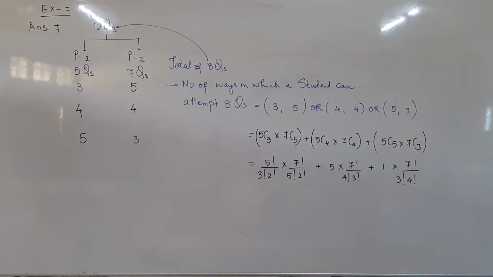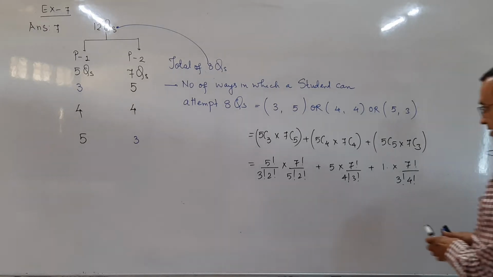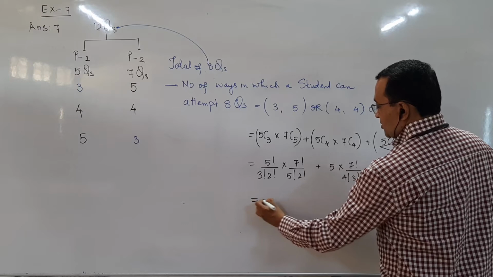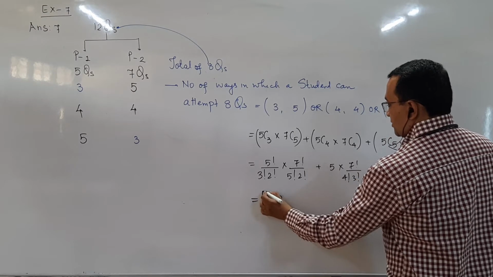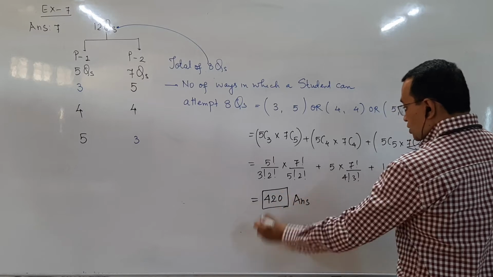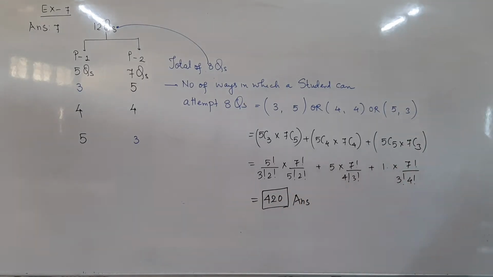Simplifying this, the final answer comes out to be 420 ways in which the student can attempt at least 3 questions from each part.